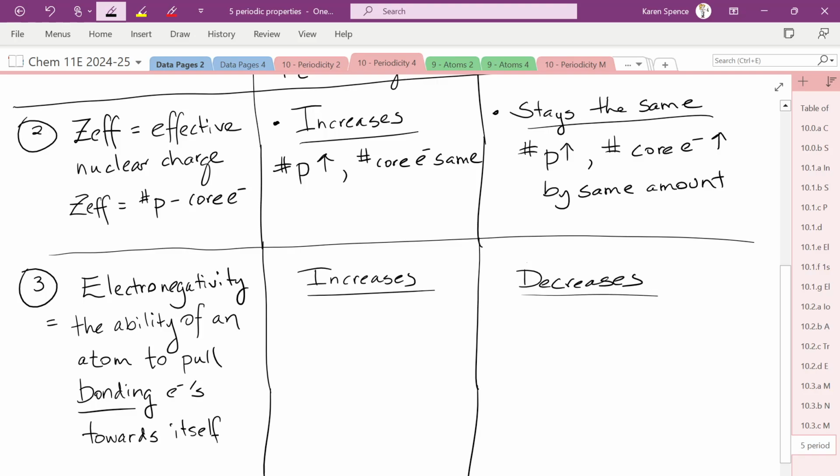Why does it increase as we go across a period? Tell your partner. What's the first factor?